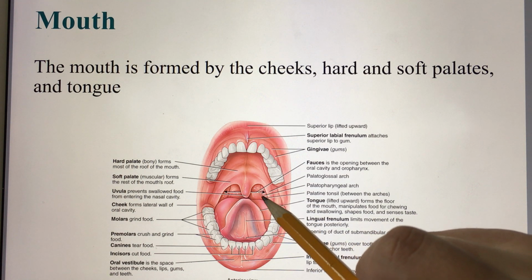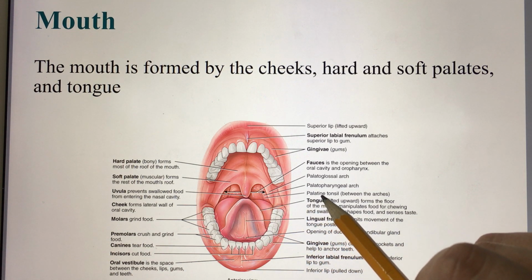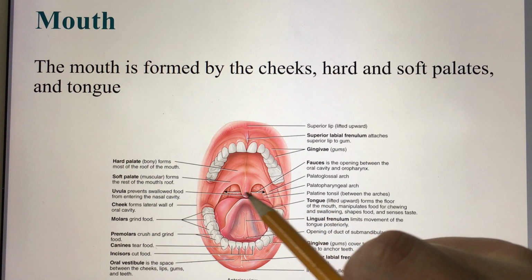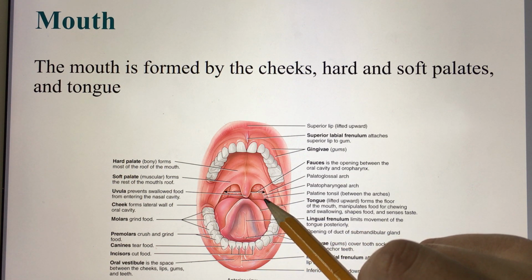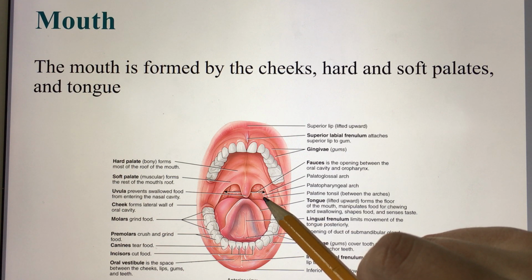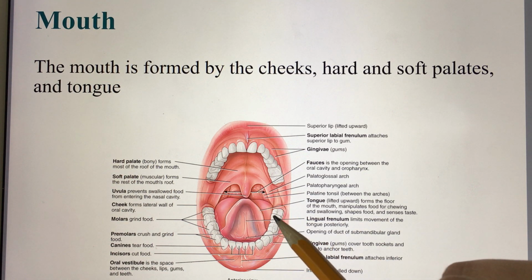Tonsils are lymphatic tissue. These tonsils are called palatine tonsils. Right and left side. These tonsils are made out of the lymphatic tissue, and they basically trap the microbes that we swallow or inhale, and they can kill them and prevent them from infecting our tissues inside of the throat.